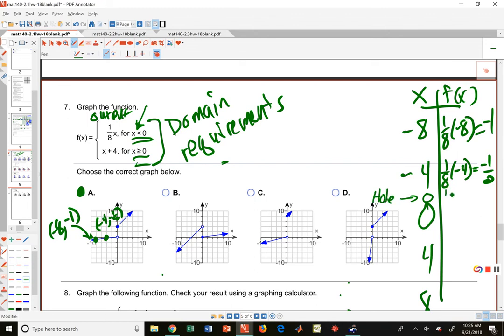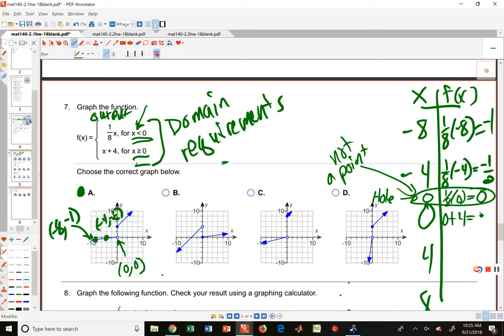If you took 1/8 of 0, you would get a 0 back, but this is not a point. Everything right up to it is a point. So that's why there's a hole in this graph at 0, 0, because it's not defined at 0 to be 0. At 0, it's defined to be 0 plus 4, which is equal to 4, which is up here.